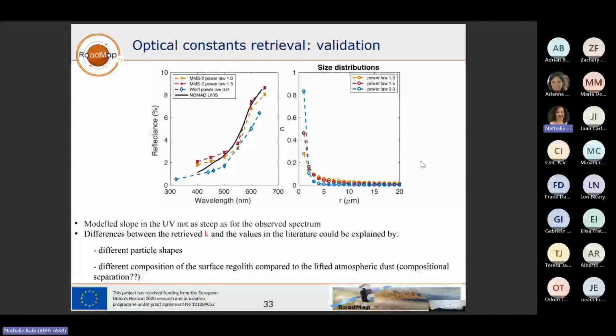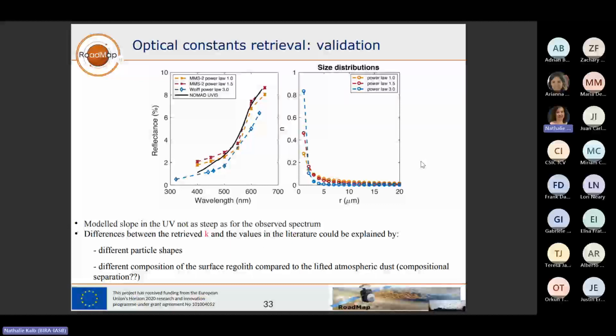So you can see that with our refractive index values, we can get quite a good match. Also, the ones in the literature, this is not bad, but for that you need to use a huge amount of small particles on the surface. And as you can see here, the slope is not as steep as with the observation, so there could be some improvements done here for the values.